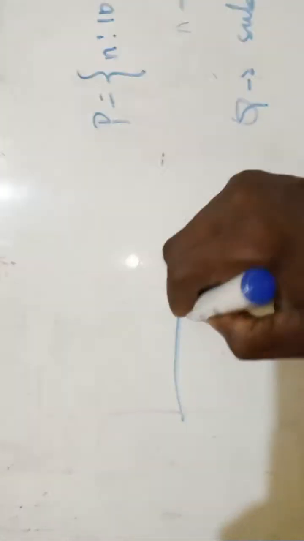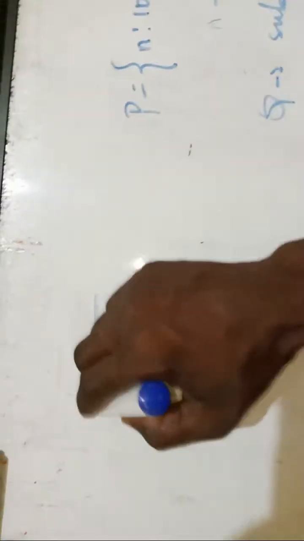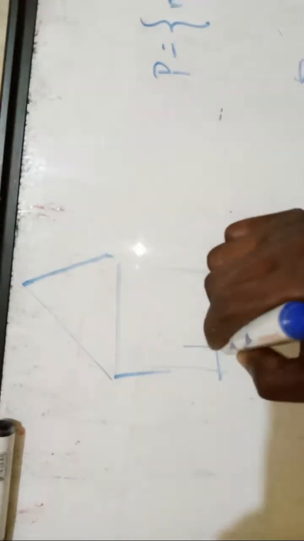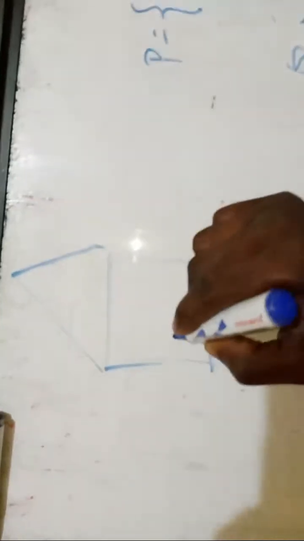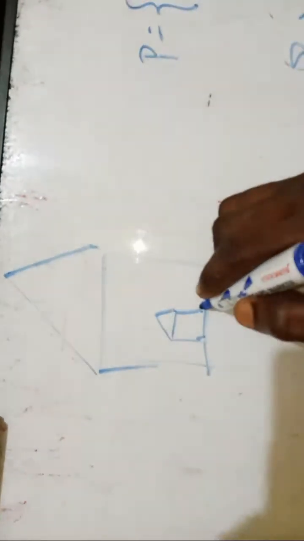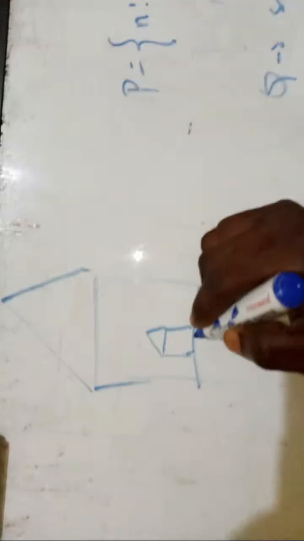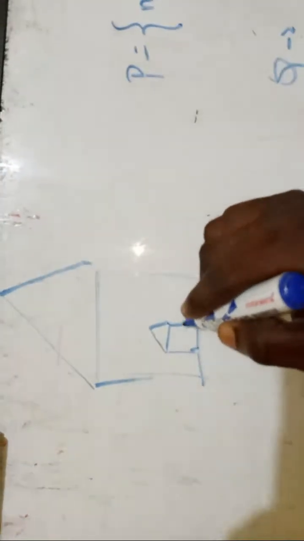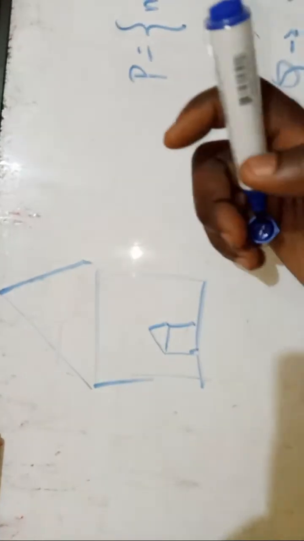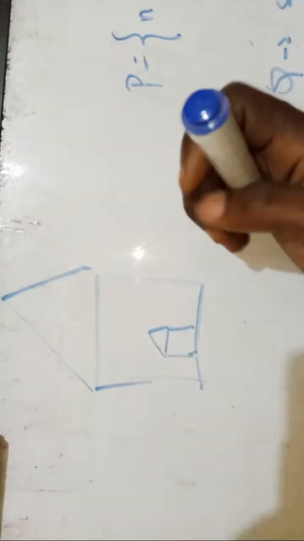Let's say you are a landlord of this house, a very beautiful house that I'm having here. Maybe you choose to rent this small portion to someone, so your tenant lives in this room. That tenant is going to be your subset, meaning the tenant is part of your house.